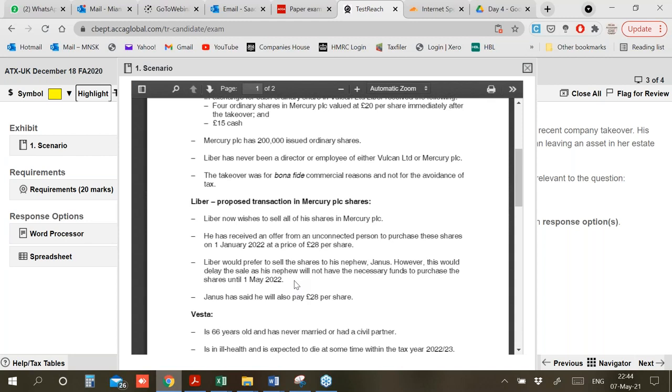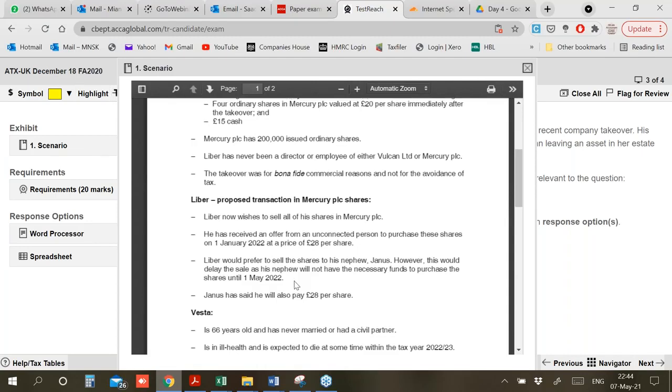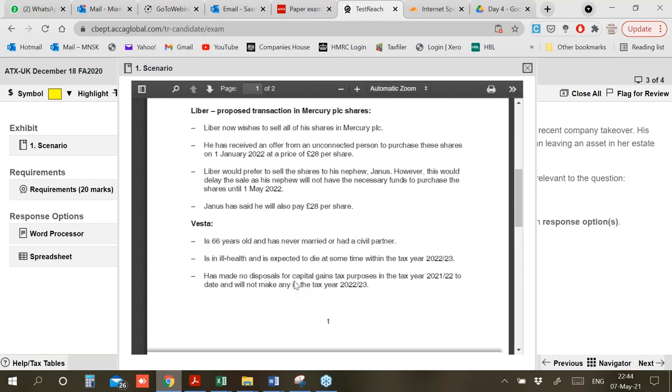Now Janus said that he will also pay £28 per share. So obviously she will not be getting any extra money in either scenario. Again, it will not be the right answer that if she sells the shares now, she will receive the money earlier, and if she sells next year, she will receive the money a year later.